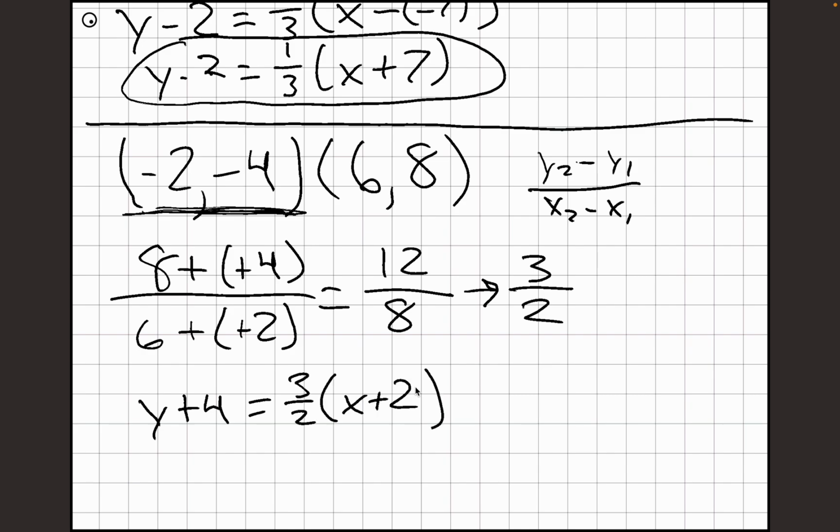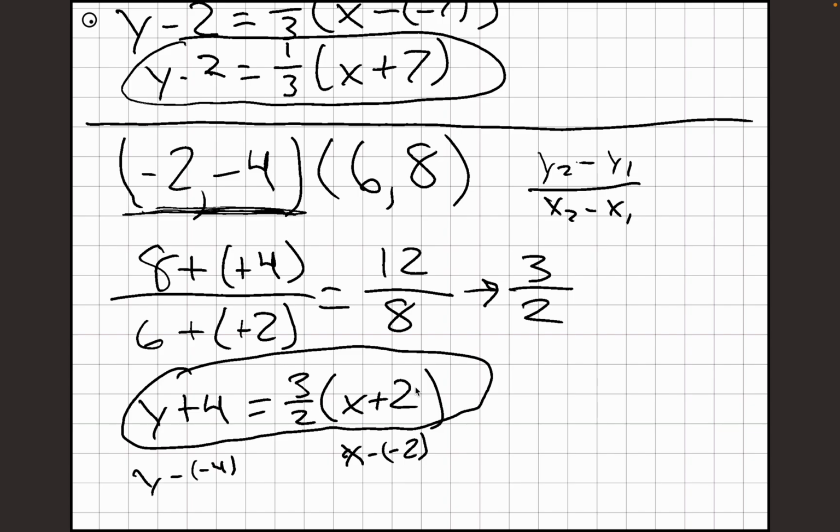Perfect. So she already changed our minus negative numbers to plus, because it should have been y minus negative 4 here and x minus negative 2 here. But she already changed them to plus, so that's perfect. And then this would be our point slope form. Does everyone see where we got that? The biggest thing is you have to find that slope first, and then you plug it into your equation.